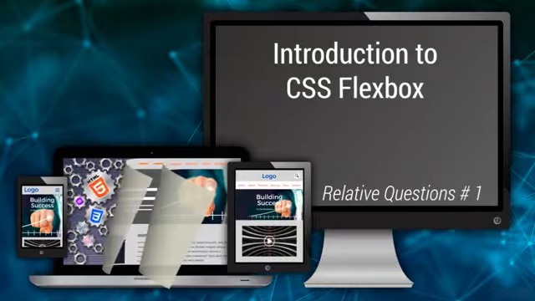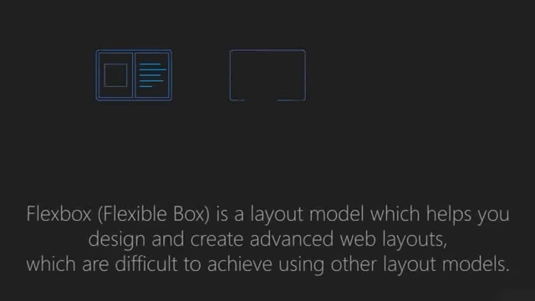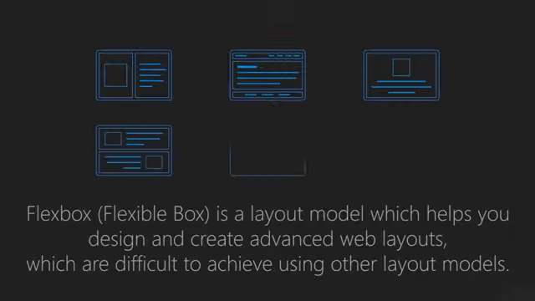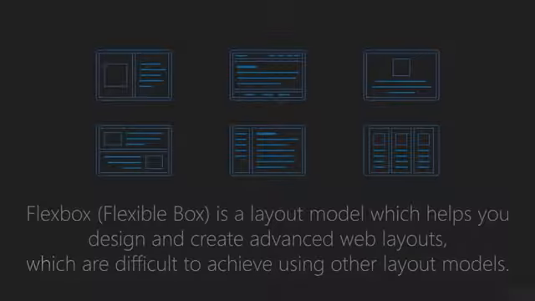Flexbox, which is also referred to as flexible box, is a layout model which helps you design and create advanced web layouts, which are difficult to achieve using other layout models.